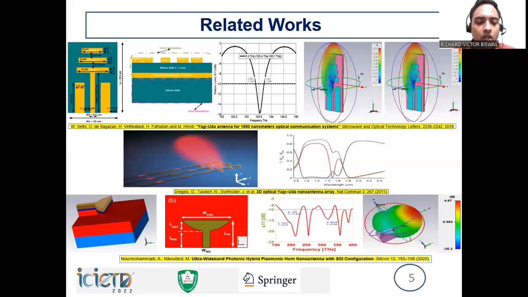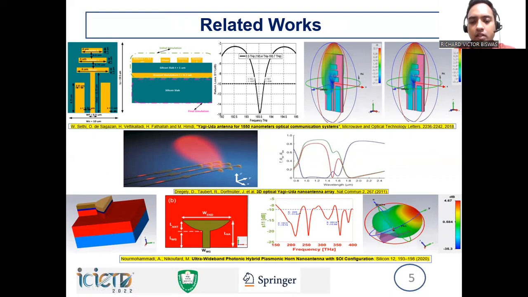After that, Noor Mohammadi et al. proposed the ultra-wide photonic hybrid plasmonic horn nanoantenna with SOI configuration. The proposed nanoantenna has a reflection coefficient of 15.7 dB and a gain of 4.67 dB at the optical wavelength of 1550 nanometers.